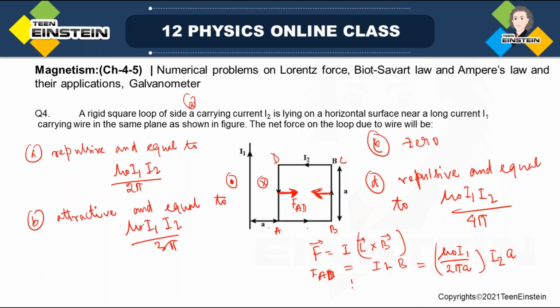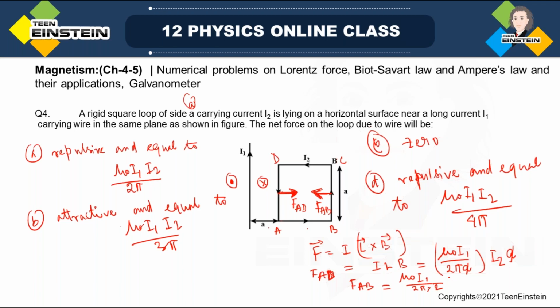So the magnetic force FAB will be exactly opposite to FAD, but magnitude wise FAB will be much weaker, because it is mu 0 I1 by 2 pi into 2A.